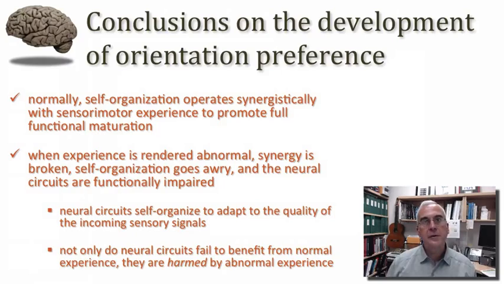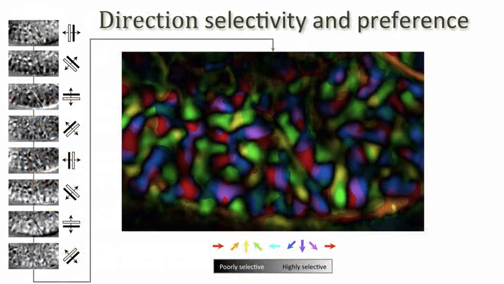So now I'd like to turn our attention to the property of direction selectivity and direction preference. We can think of this as a further differentiation of the circuitry for orientation selectivity and orientation preference, where those circuits begin to specialize for the representation of motion in just one direction or another, with the preferred direction of motion being orthogonal to the preferred orientation.